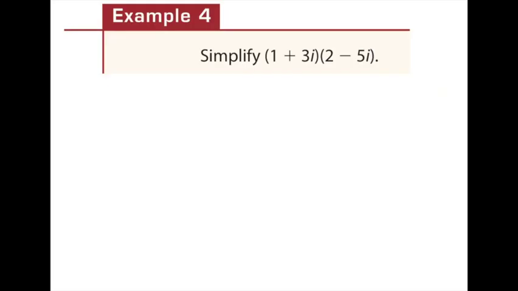Let's look at this one with imaginaries. And we have actually foiled imaginaries before, so this should be a little bit easier. 1 times 2, 1 times negative 5i. 3i times 2. 3i times negative 5i. Just like we did with radicals, if they're alike, combine them.